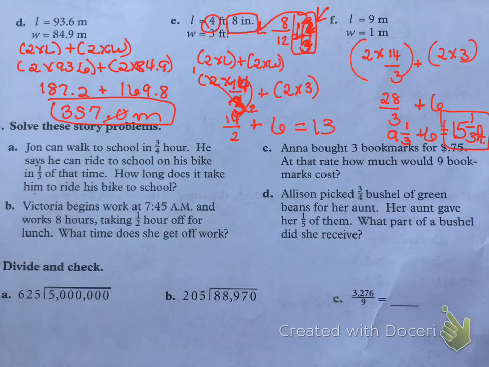I totally understand. All right, it says, John can walk to school in 3/4 of an hour. He says he can ride to school on his bike in 1/3 of that time. How long does it take him to ride his bike to school? All right, so what we're going to do here is take 3/4 of an hour, and we want 1/3 of that time.